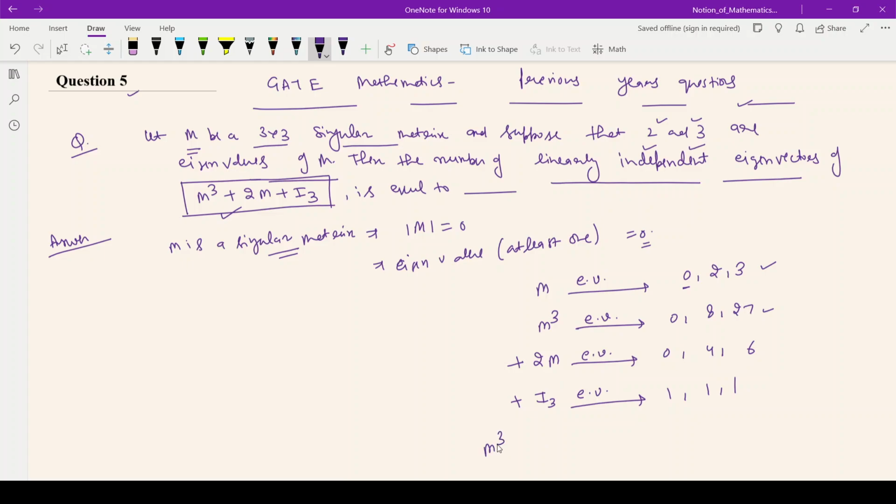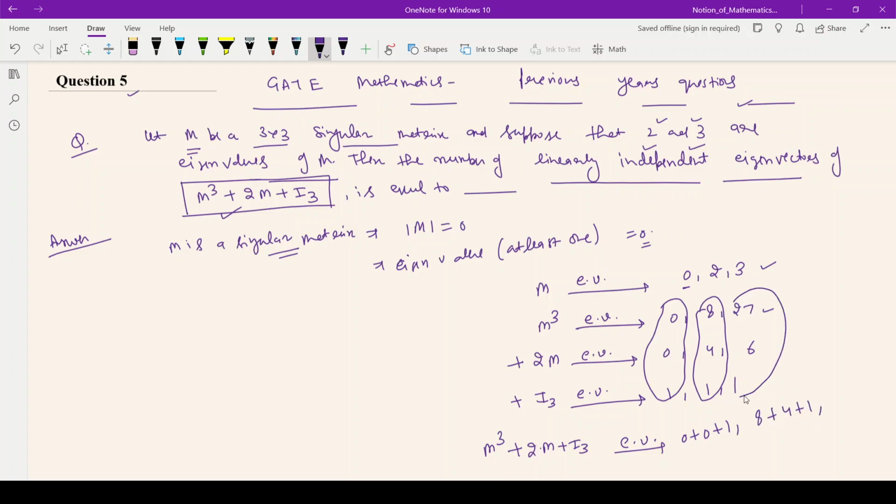So the eigenvalues of M cube plus 2M plus I3 will be 0 plus 0 plus 1, then 8 plus 4 plus 1, and then 27 plus 6 plus 1.